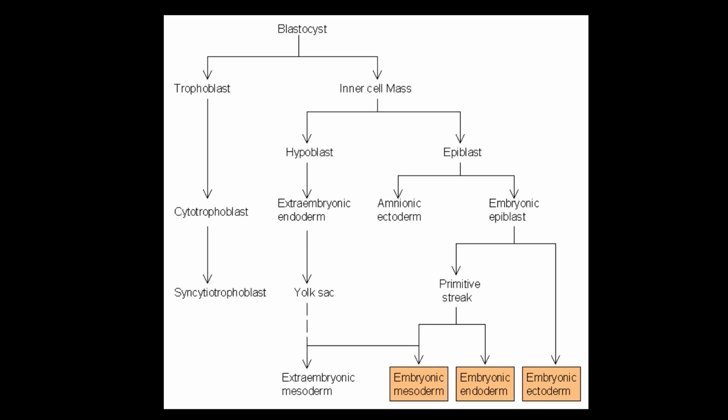The hypoblast will form the extraembryonic endoderm, and this will lead to the formation of yolk sac and finally our extraembryonic mesodermal layer, whereas the epiblast will form the amniotic ectoderm and the embryonic epiblast. This embryonic epiblast will give rise to the primitive streak as well as to the embryonic ectoderm, and the primitive streak formation will lead to further development of embryonic mesoderm as well as the embryonic endodermal layers.